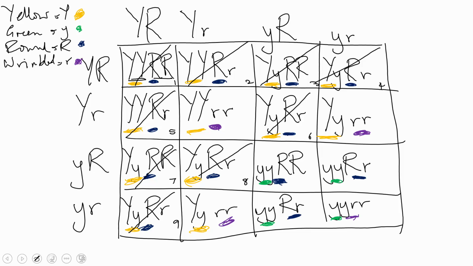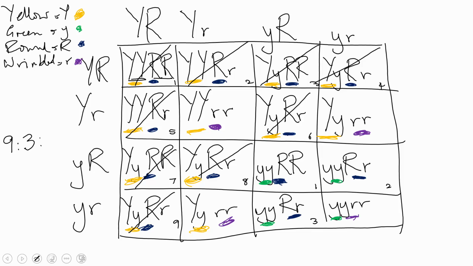So we have 9 yellow rounds. Now let's see how many green and round we have. Here's one green that's round, and here's another green that's round, and here's another. So we have 3 green rounds.